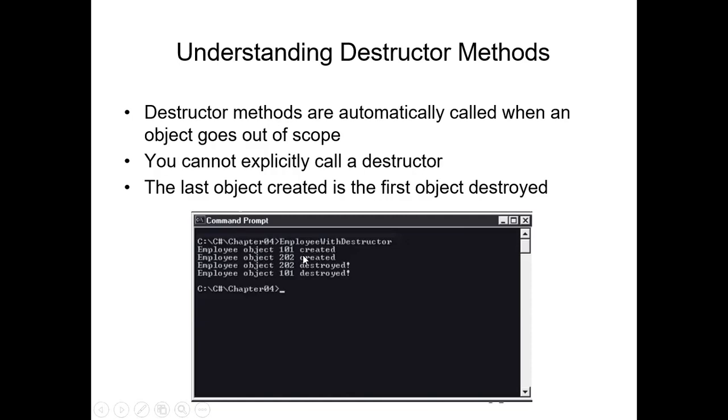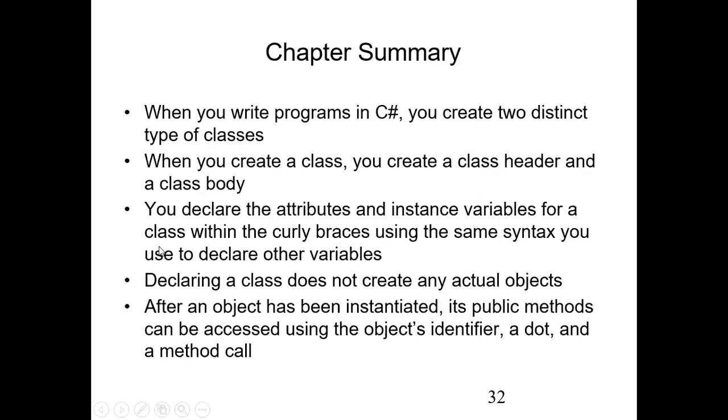Now, once those two are displayed, they will go out of scope, and then the destructor will be automatically invoked for employee 202 and again for employee 101. So you don't have to invoke a destructor, but you have to invoke a constructor.